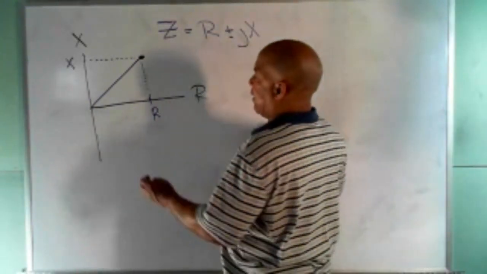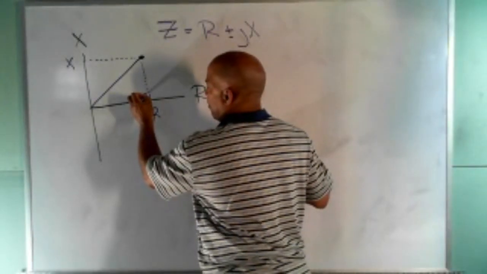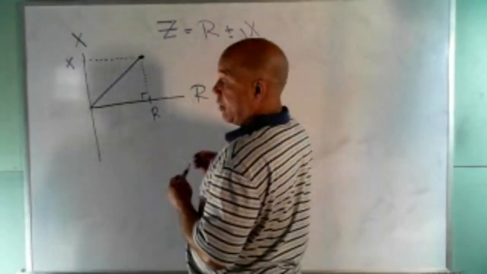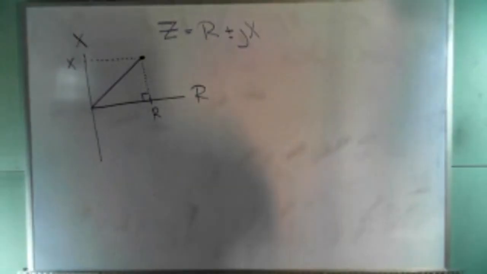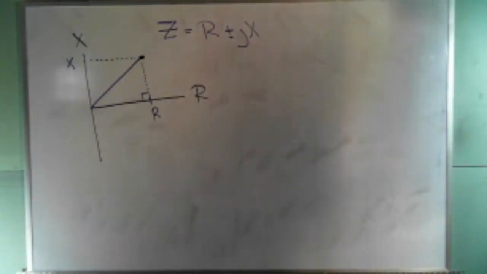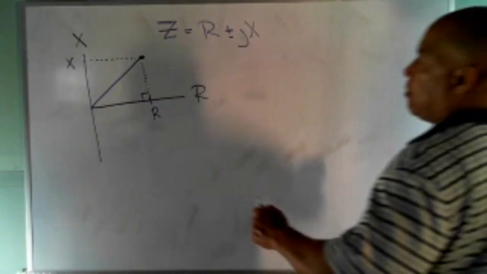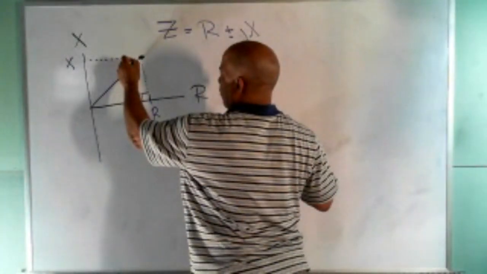But notice that what I get here is a right triangle. That's a right angle. So what I really have is a right triangle that I can get from the impedance diagram, like this triangle right here.